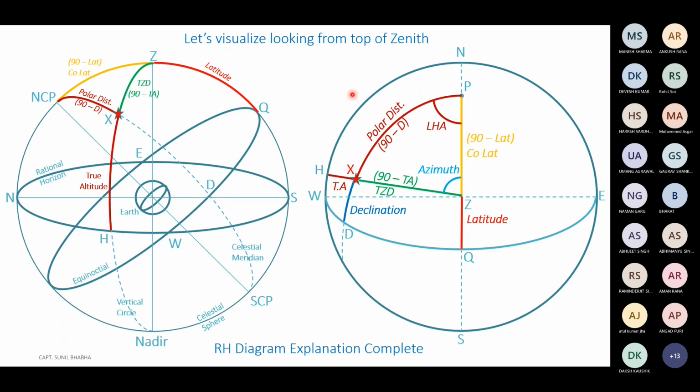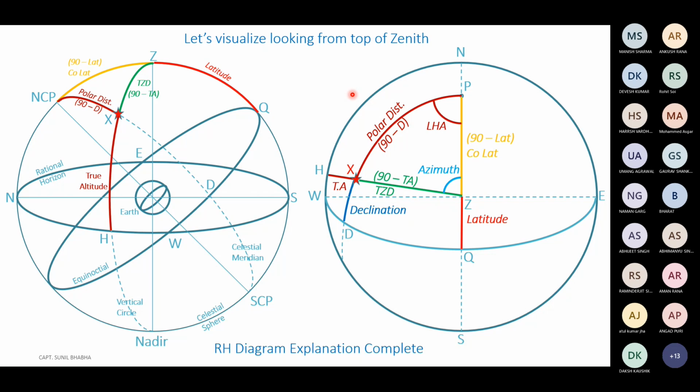So how will you be finding them? Using the same spherical trigonometry formulas which we have used for other calculations, that is the cosine formula and Napier's rules. Since this is a spherical triangle, the cosine formula and Napier's rules are applicable here, and whatever information is provided to us will allow us to use either the cosine formula or Napier's rules, and we will be able to find out everything else.